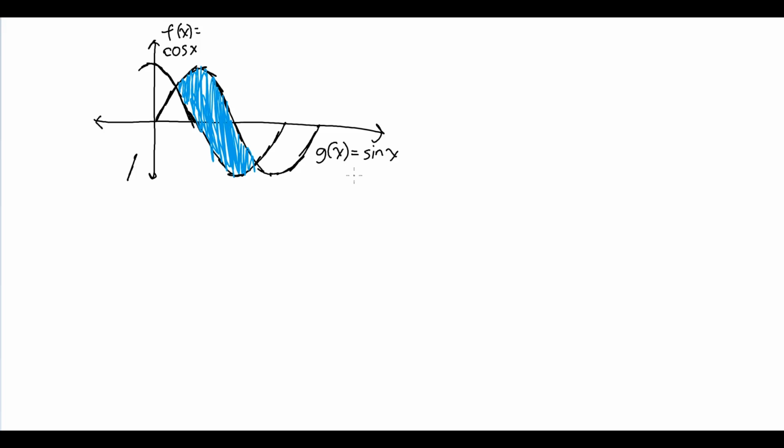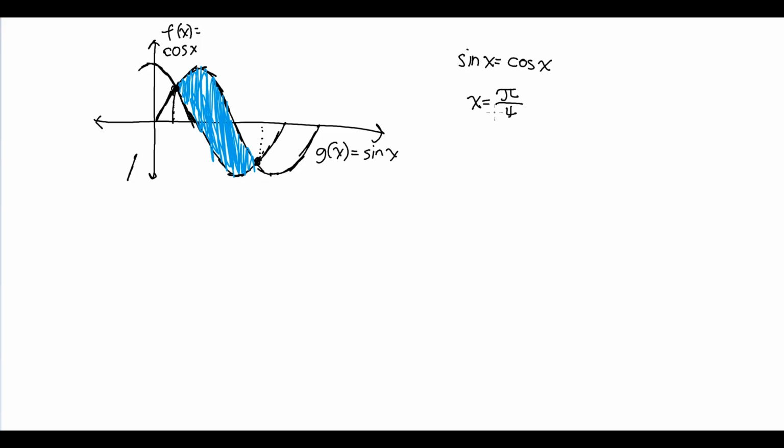First, what you need to do is find our points of intersection. So where does sine of x equal cosine of x? And we need to find the first 2 points of intersection. Well, sine of x equals cosine of x when x equals pi over 4, because then they both equal root 2 over 2.